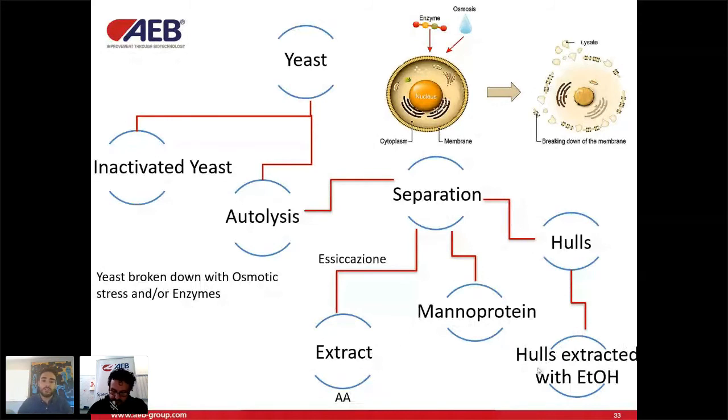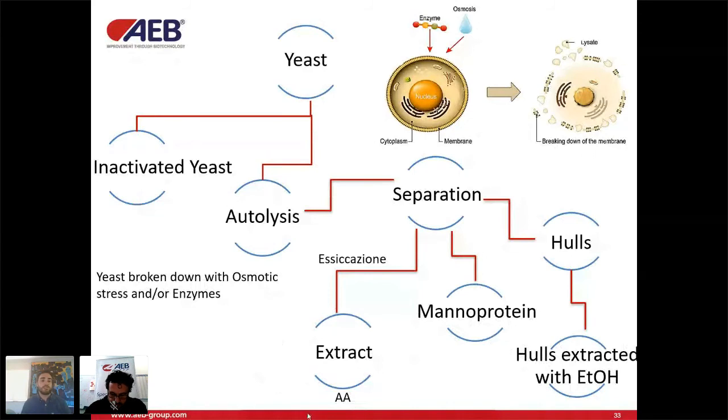So each of the three components has different physicochemical characteristics, and they have three different effects on wine. The mannoproteins are used to improve the tartaric stability, are very soluble, and they help the colloidal stability of the wine and also increase the viscosity.